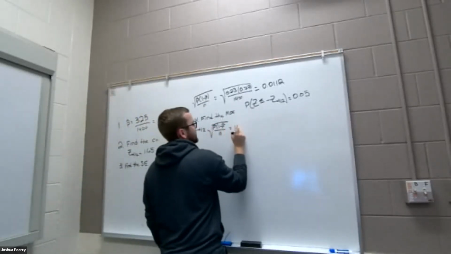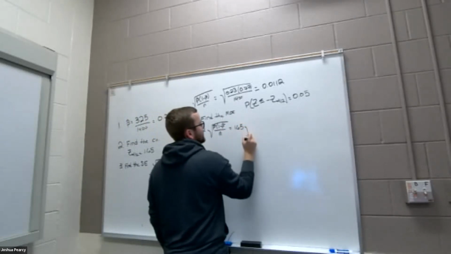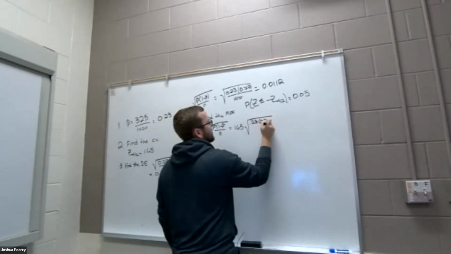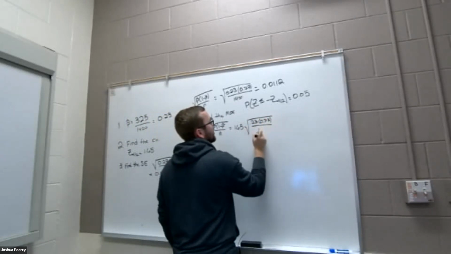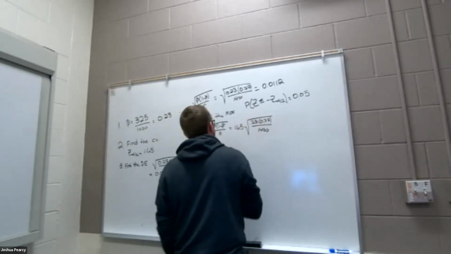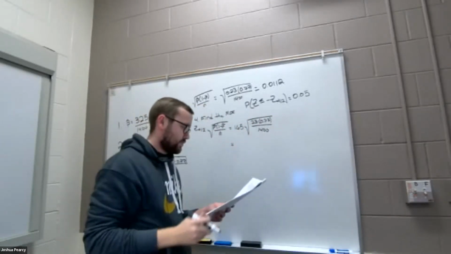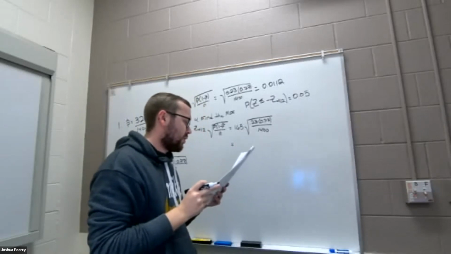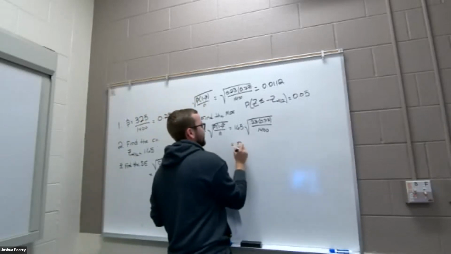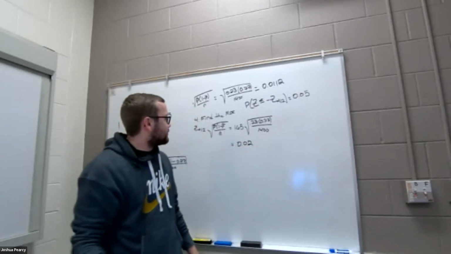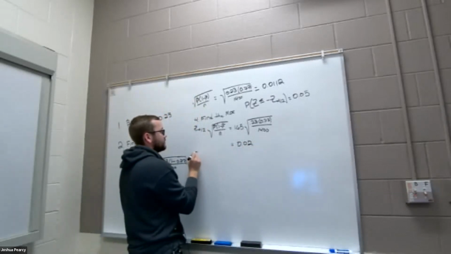That gives you 1.65 times the square root of 0.23 times 0.77 divided by 1400. And that gives you, what is it? It should be 0.02, I think, roughly. Then what's the last step?